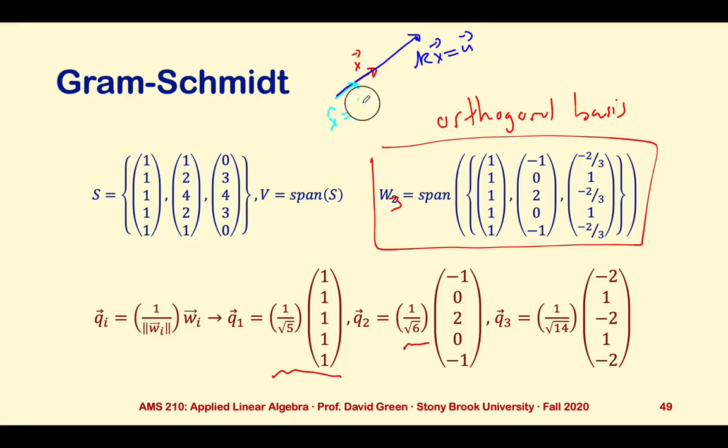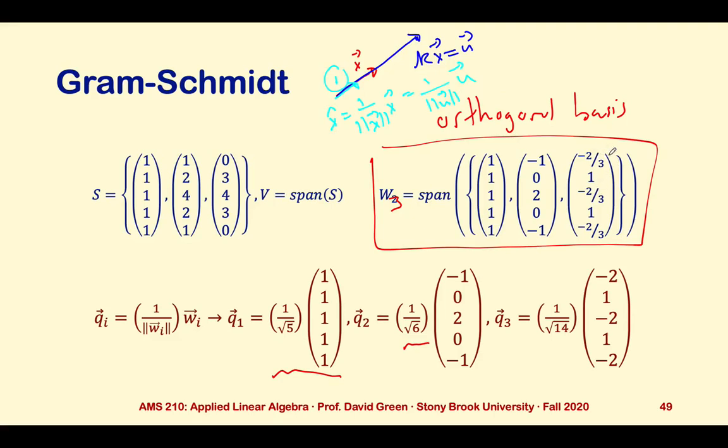We can find this by taking 1 over the norm of X times X, but we can equally get this by taking 1 over the norm of U times U, because it is a unit vector, and any unit vector in the same direction is going to have the same basic structure.